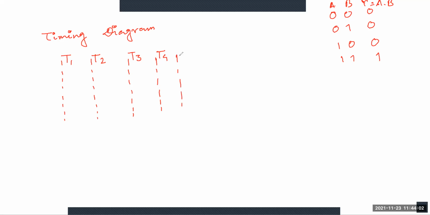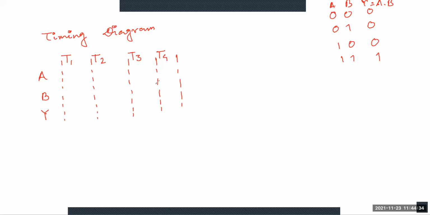Now we have 2 inputs and 1 output, so this is A, this is B, and this is Y. So first one, A. What is the value here for A? That is 0 0 1 1. You are getting the point? Under A, what is the value here? This is 0 0 1 1. Am I right or wrong?